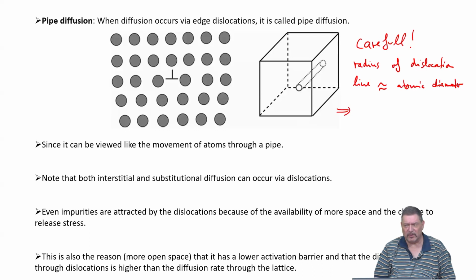So you have what is called the Portevin-Le Chatelier effect, PLC, which gives you these serrated flow curves in mechanical testing. This is the reason.